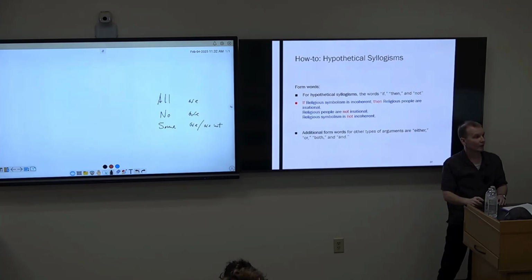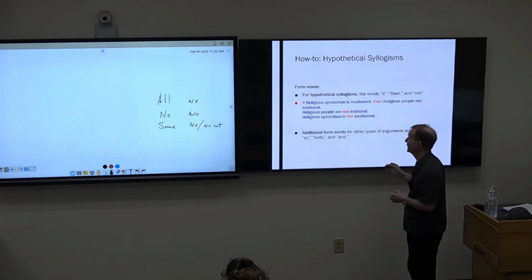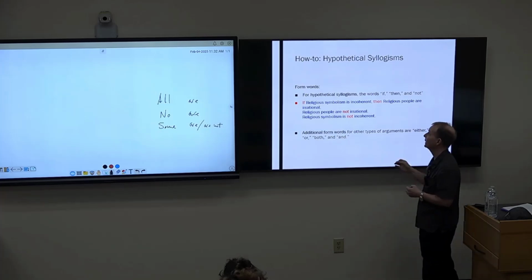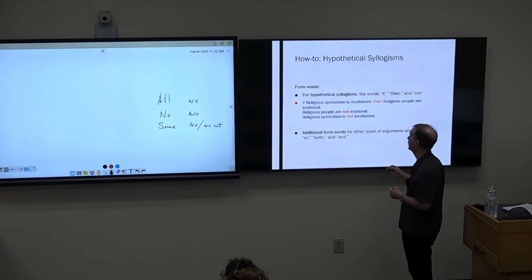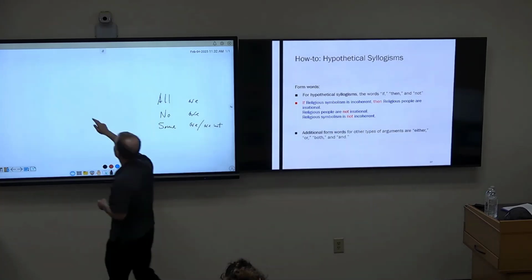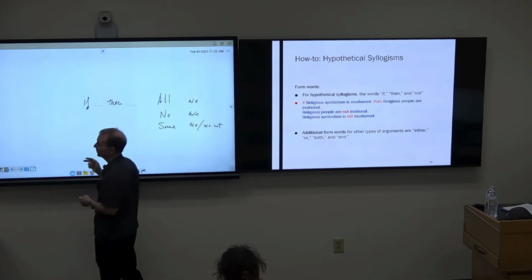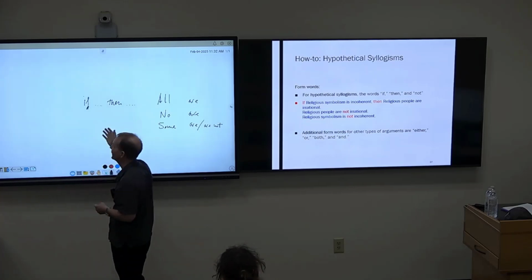Okay. If you have hypothetical syllogism, it's a little bit more complicated. Of course, here we have more words which are content. Our form words would just be if, then. Remember that's a conditional statement, right? We can have three conditional statements for hypothetical, or you can have just two of them, and then you will have not.